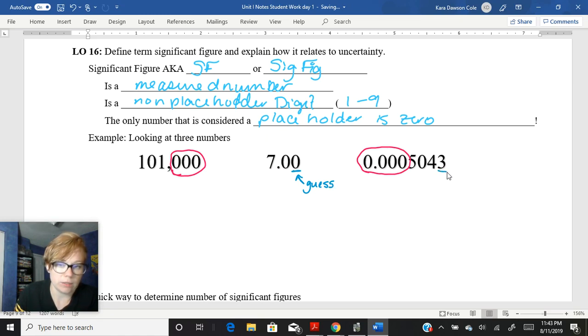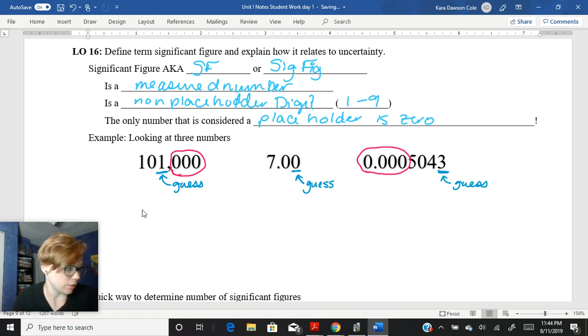And then this digit right here, because again, this is the last digit that I wrote, would also be considered my guess. Now, if I put this number into scientific notation, I would have put the 1.01, and these zeros would drop off. So these guys are not my actual guesstimated digits. The actual guesstimated digit for this number is right here. So this is my guess.